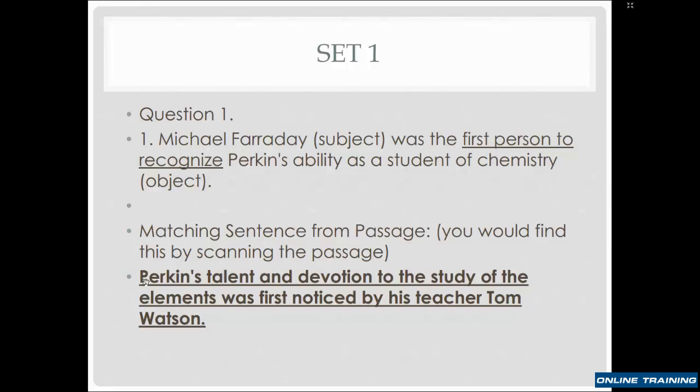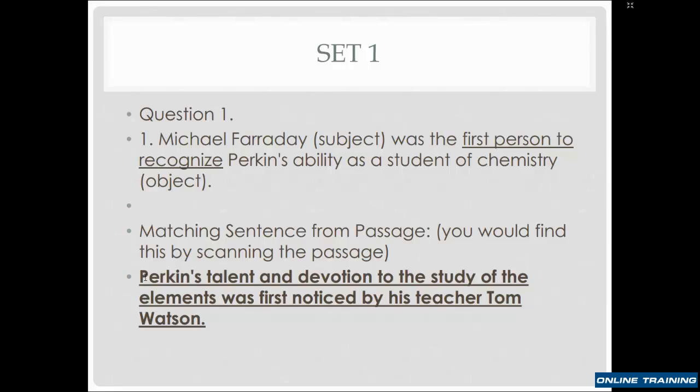So when we look at the passage sentence, it says Perkins' talent and devotion to the study of the elements was first noticed by his teacher, Tom Watson. Here we have two different subjects as the person who first noticed. In the question, it says Michael Faraday was the first person. In the passage, it says he was first noticed by his teacher, Tom Watson.